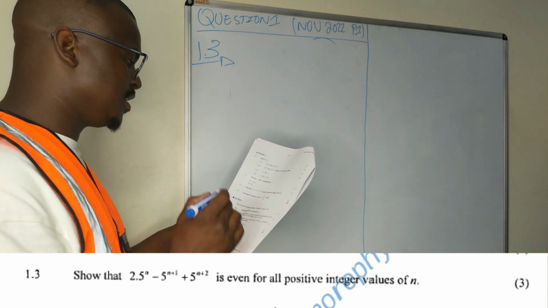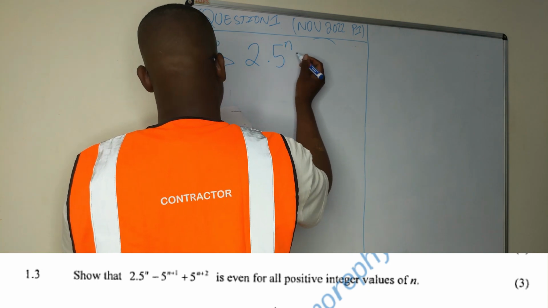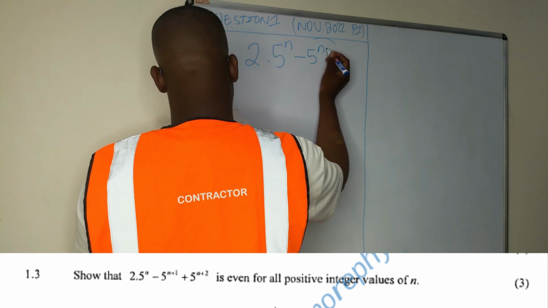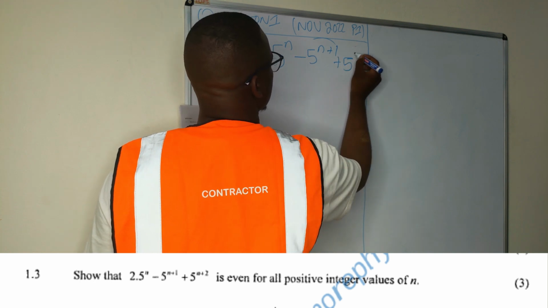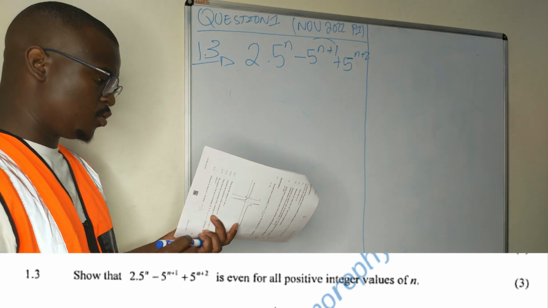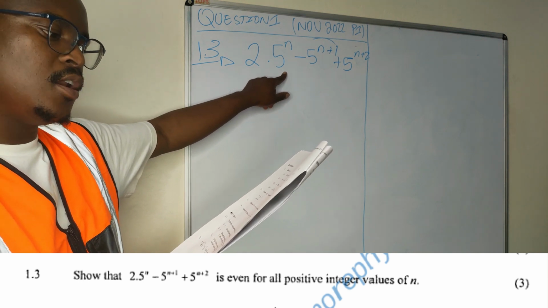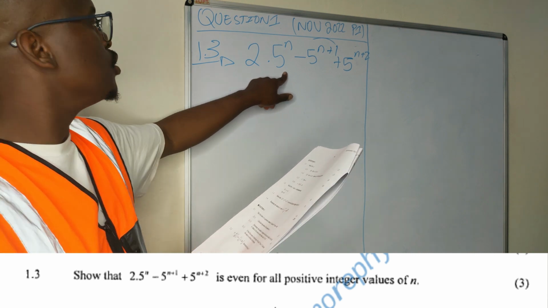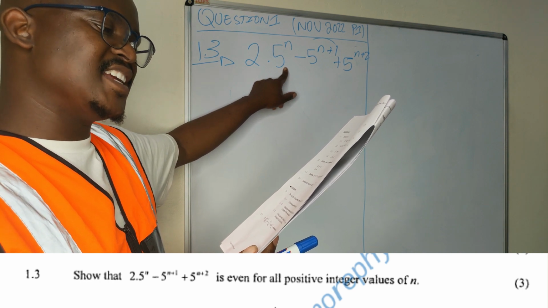They are saying show that this, 2 times 5 raised n minus 5 raised n plus 1 plus 5 raised n plus 2, is even for all positive integer values of n.